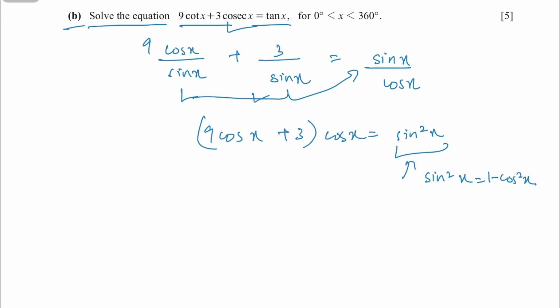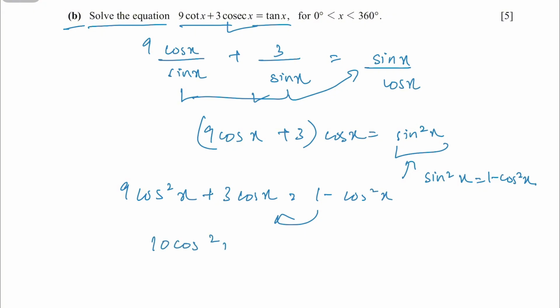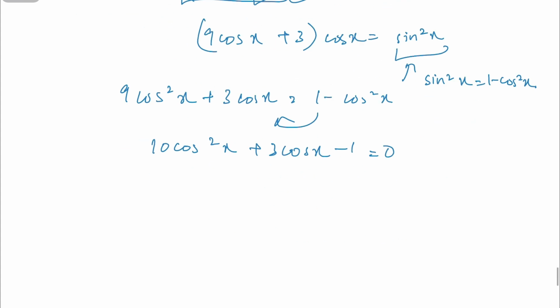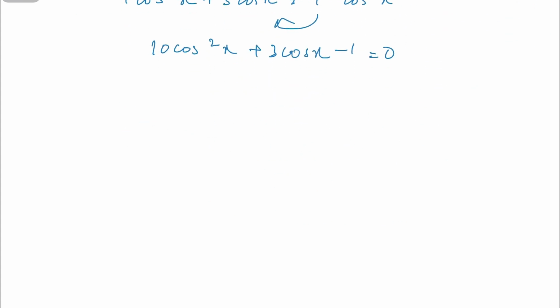So this would be 9 cos squared x plus 3 cos x equals 10 times 1 minus cos squared x. We bring all these things over here, so this would be 10 cos squared x plus 3 cos x minus 1. We can solve this equation by getting the roots as 5 and 2. This would be 10 cos squared x plus 5 cos x minus 2 cos x minus 1 equals 0.